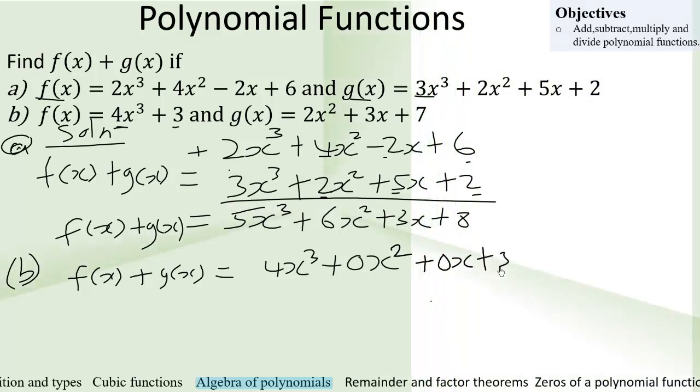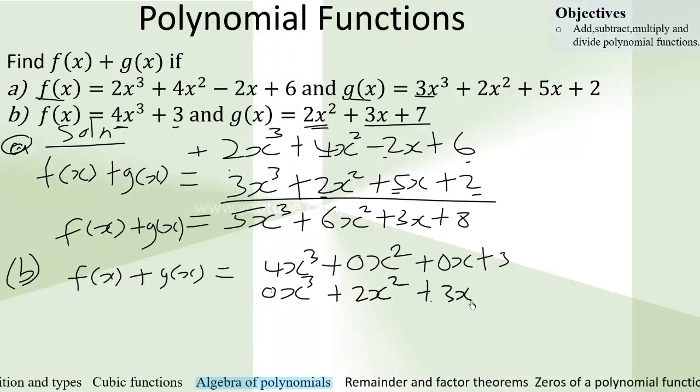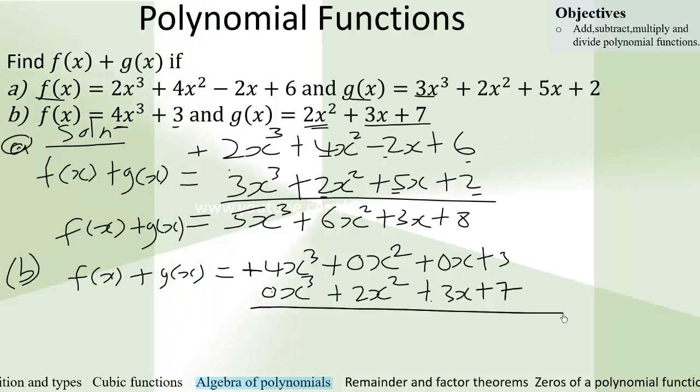Then we come to the second function. So this one, the coefficient of the x cubed is 0. So 0x cubed, then plus 2x squared, then plus 3x plus 7. So when we add them, we are going to obtain 4x cubed plus 0x cubed will be 4x cubed.